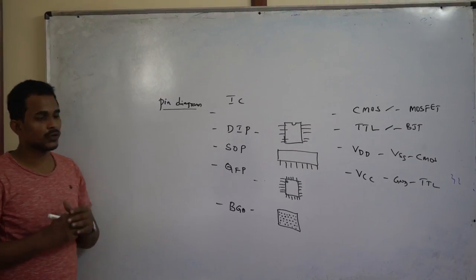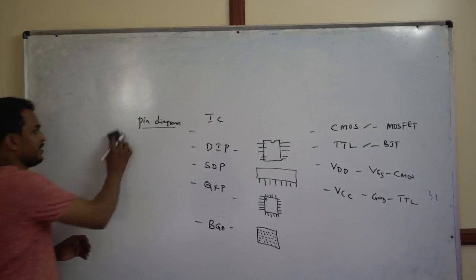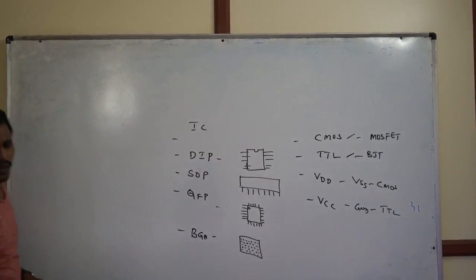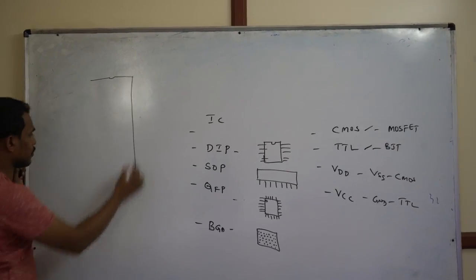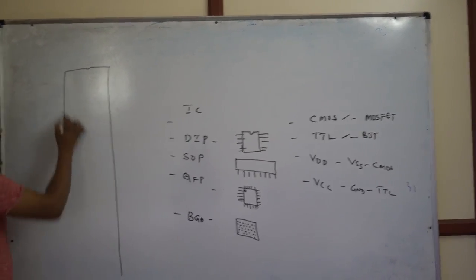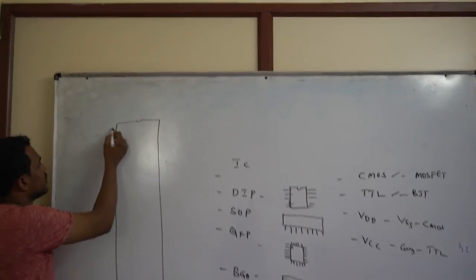And coming to your microcontroller's complete pin diagram, which is available in a 40 pin package, which is DIP package. Just see the complete pin diagram of your microcontroller available in DIP package.